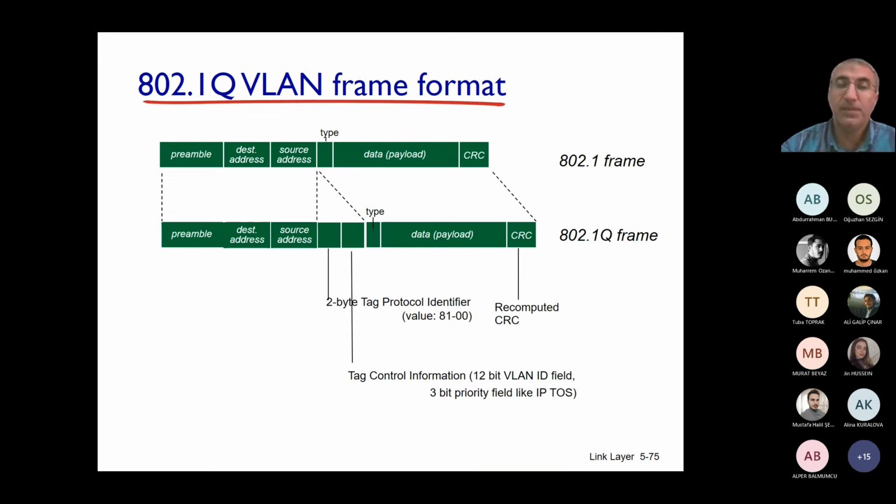What is the main difference? As you see, between the vanilla and the 802.1Q frame there is some additional information in this field: a 2-byte tag protocol ID, and tag control information, which includes the 12-bit VLAN ID field and a 3-bit priority field, like IP ToS.